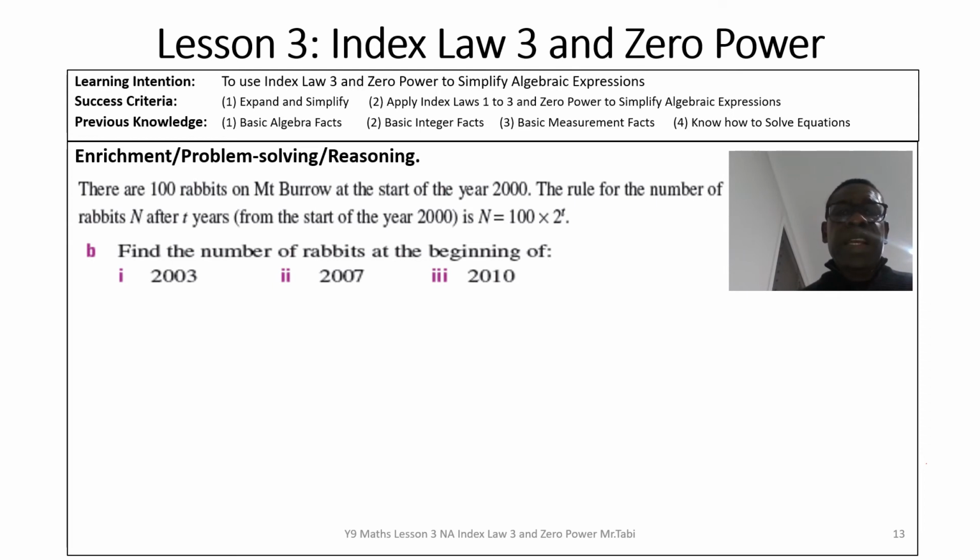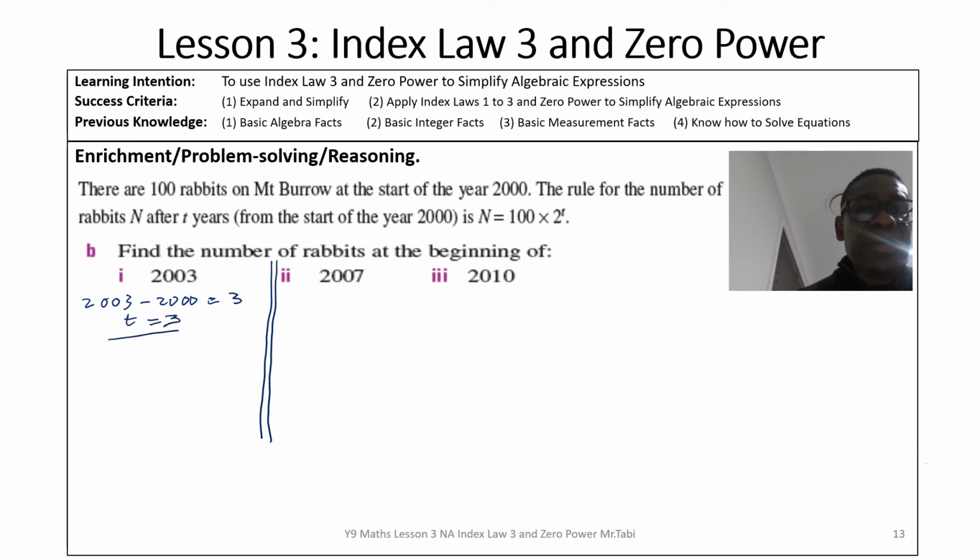Question B. Find the number of rabbits at the beginning of 2003. Well, at the beginning of 2003, remember we started at 2000. So 2003 minus 2000 gives you 3. So your t is equal to 3. And we want to find the number of rabbits. So n equals 100 times 2 to the power of t.